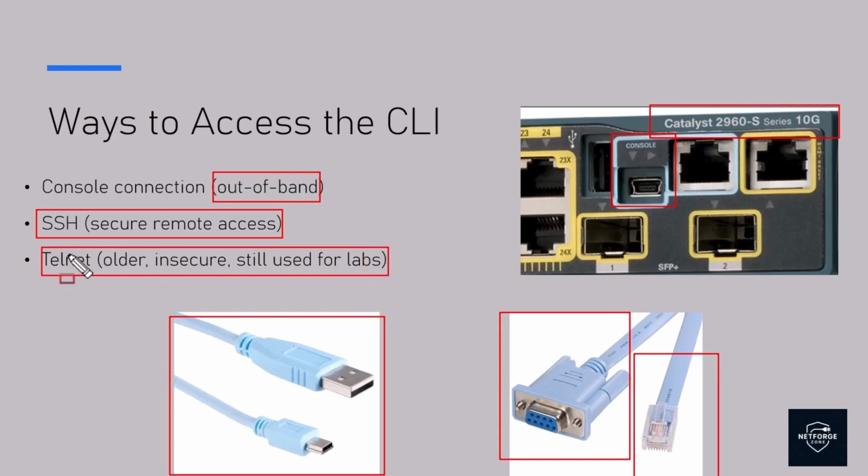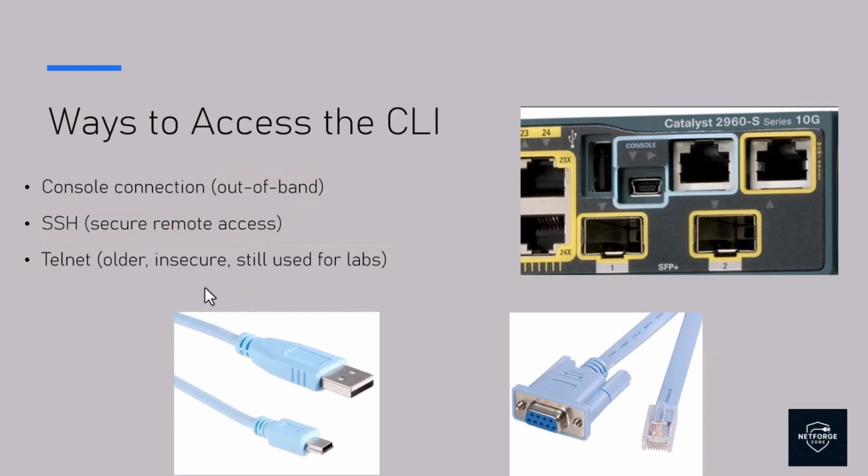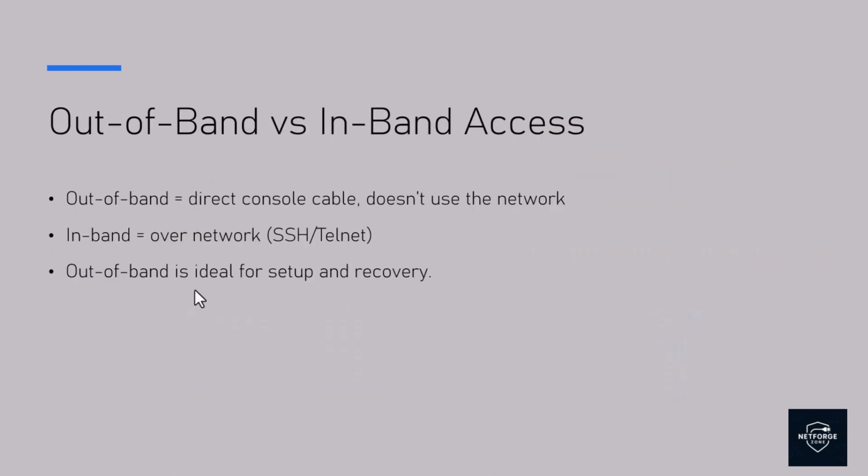SSH, of course, is going to be much more secure, so you're going to use this one. Telnet is kind of old style. It doesn't have security, but of course, it's going to be very useful when you work in your lab and you do not really want to install a certificate or go through the hassles of running secure shell inside your device.